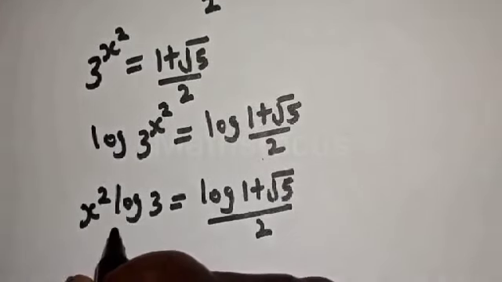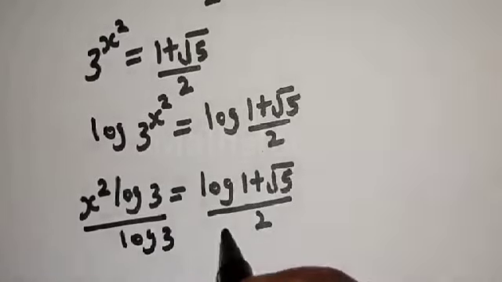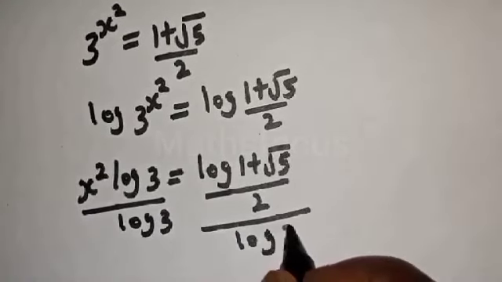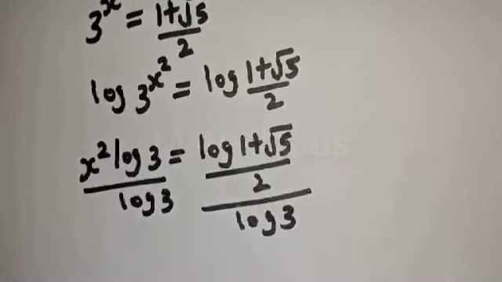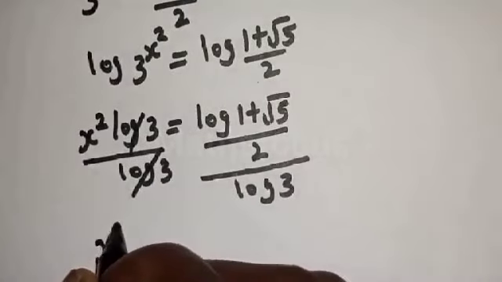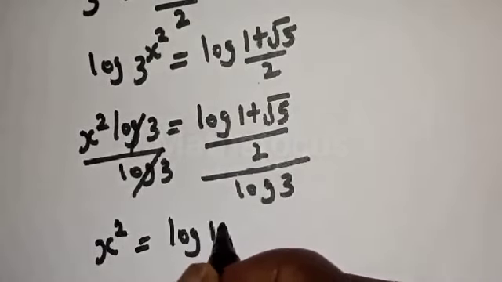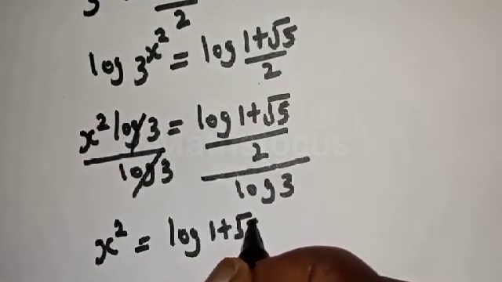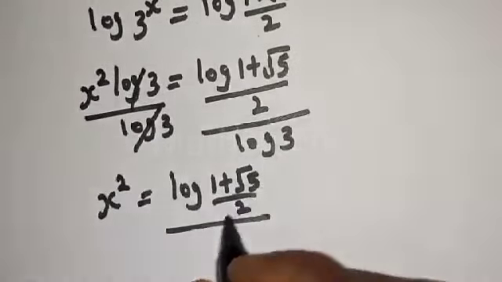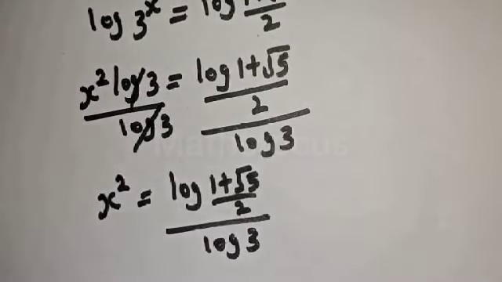Now let's divide both sides by log 3. Then this will cancel this. x² is equal to log of (1 plus root 5) over 2, all over log 3.